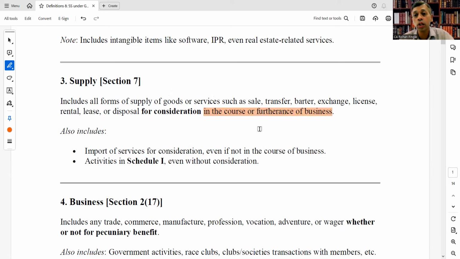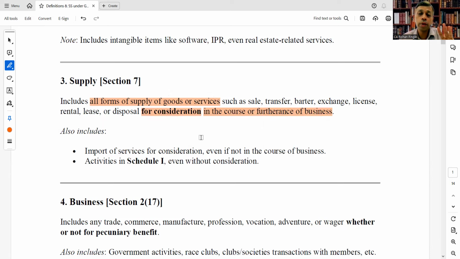Supply includes all forms of supply of goods or services such as sale, transfer, barter, exchange, license, rental, lease, or disposal for consideration in the course or furtherance of the business.